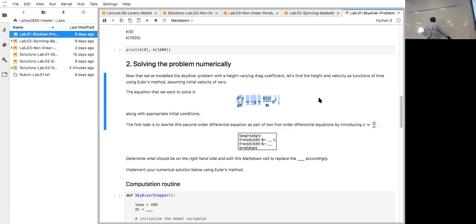The idea is, what 3 lines of code, math, code would go in those blanks? Does that make sense? So we can do that together, right?